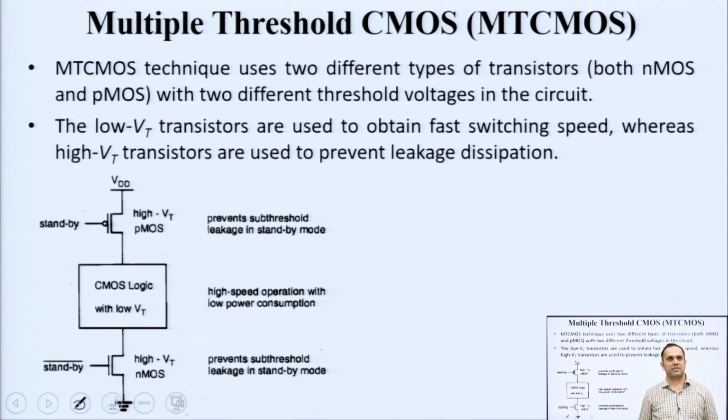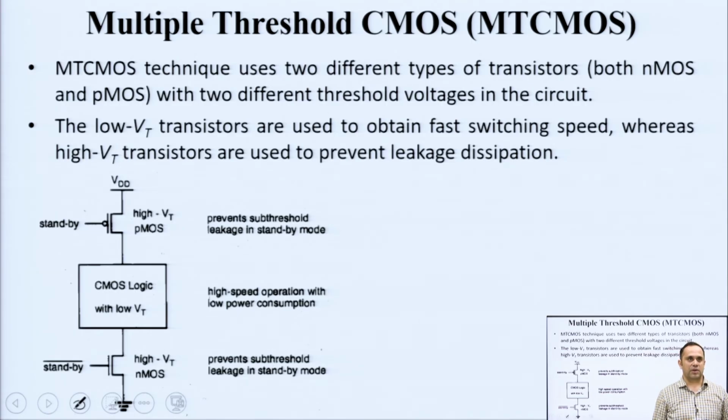As it is written here, the low threshold voltage transistors are used to obtain fast switching. The lower the threshold voltage, the easier it is to turn on and off, so high switching speed, whereas the high threshold voltage transistors are going to avoid any kind of leakage.